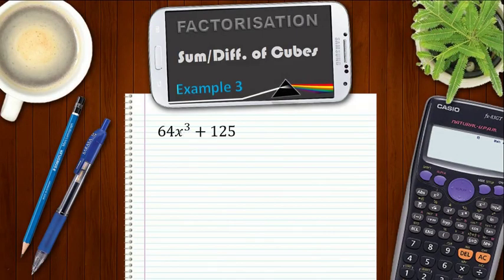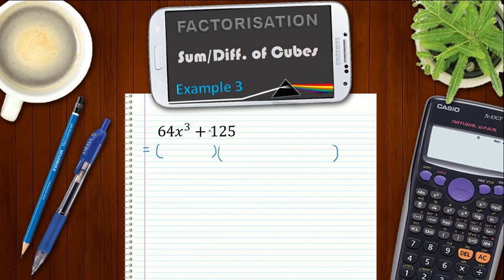So for this example, there are quite a lot of steps to remember here, so let's just start off. We're going to have a small bracket, and then we're going to have a larger bracket. Now for the small bracket, like we did with difference of squares, we're going to take, now we have cubes, so we're going to take the cube root of both of these terms.